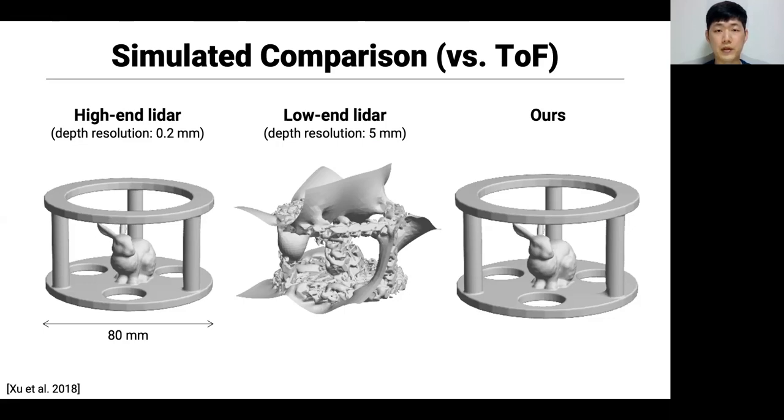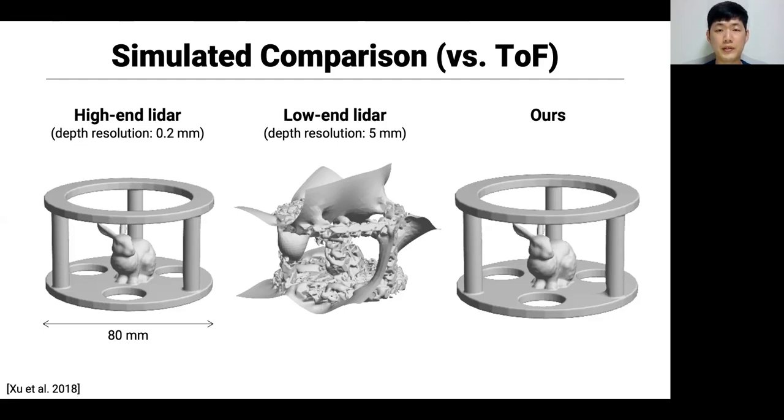In this comparison, we set the spatial resolution of the time-of-flight camera to be the same as that of our camera and simulate two different time-of-flight depth resolutions. The first one simulates a high-end LiDAR with a depth resolution of 0.2 millimeter, corresponding to the calibration error reported by the reference paper.